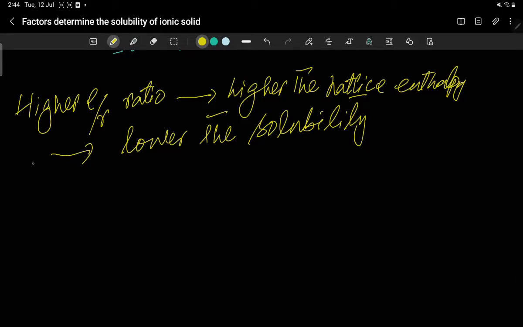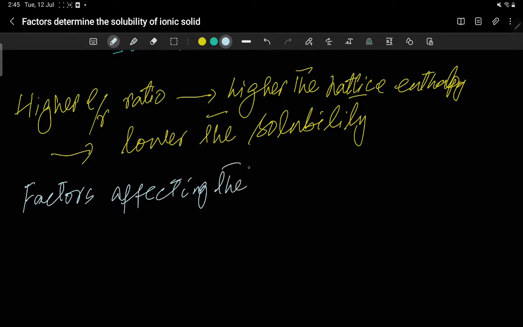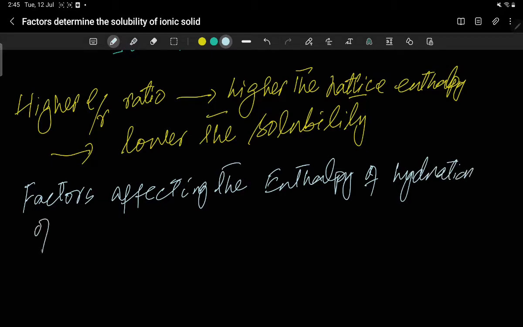So next, enthalpy of hydration. Which factors determine the enthalpy of hydration of gaseous ion? Factors affecting the enthalpy of hydration of gaseous ions.